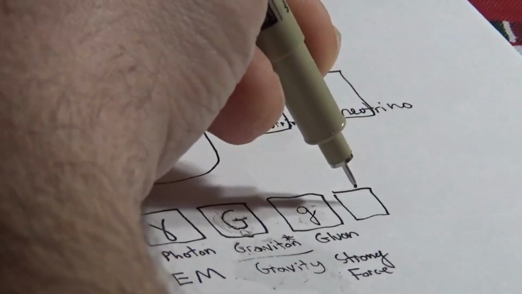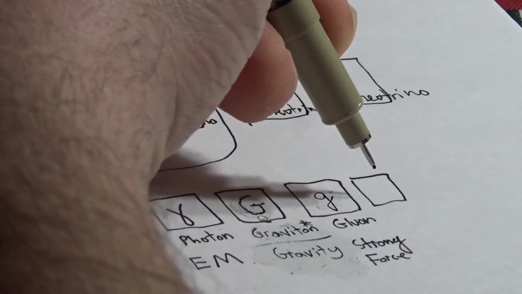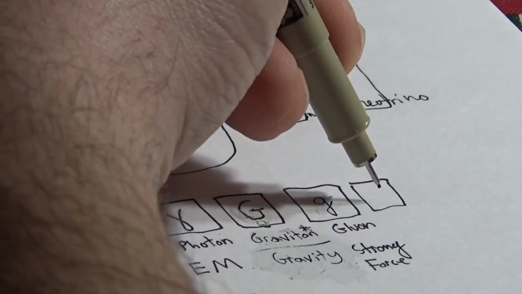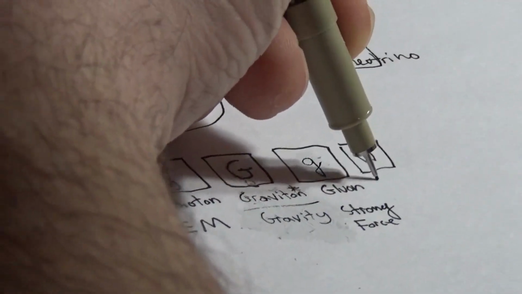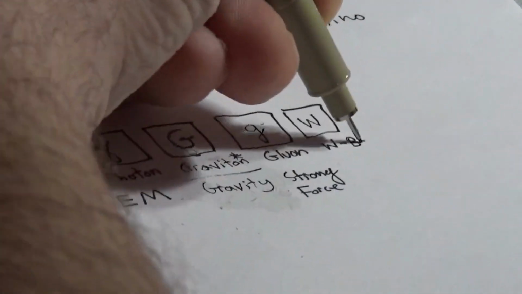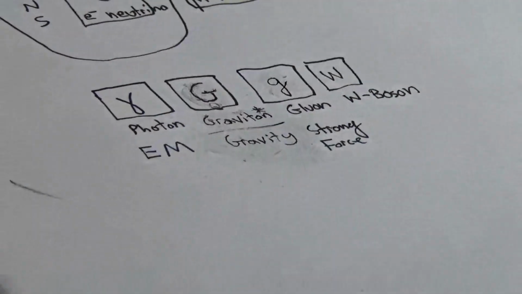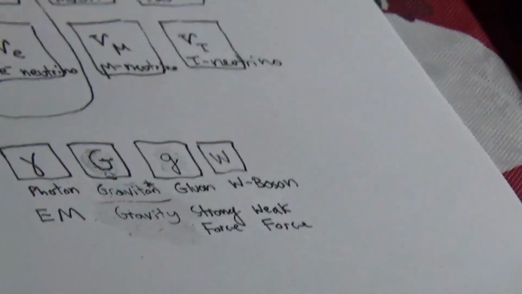The next after the strong force is called the weak force, which is represented by a W, and the particle is called the W boson. And the force is called the weak force. Cool. The weak force holds protons and neutrons together. Otherwise, the protons and neutrons would fly apart.